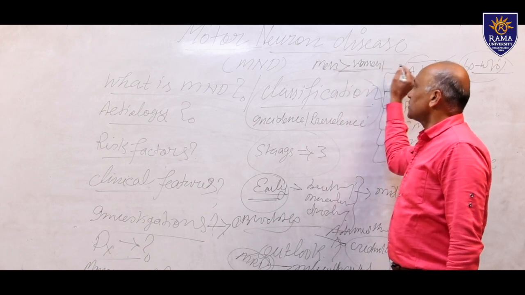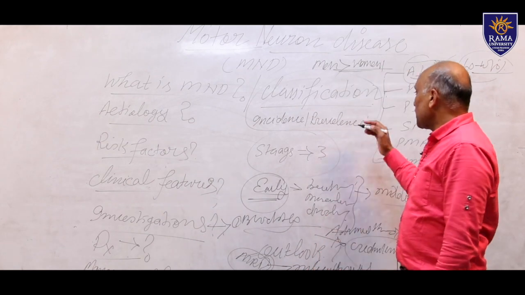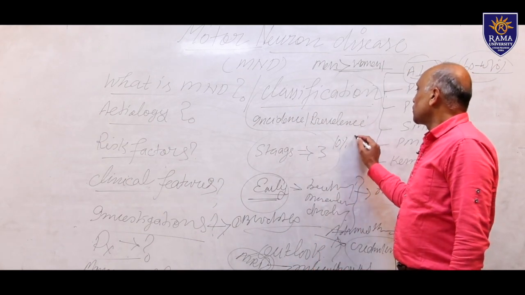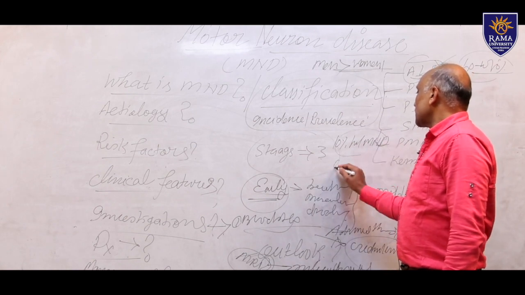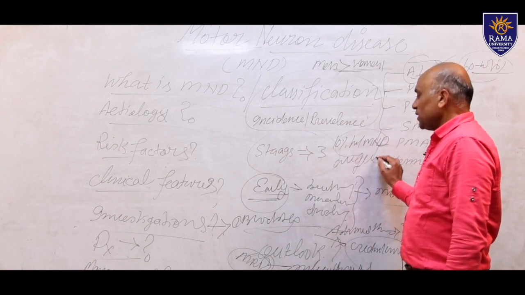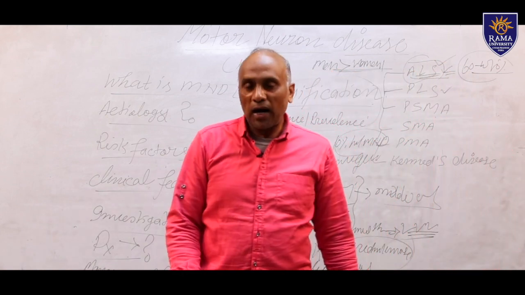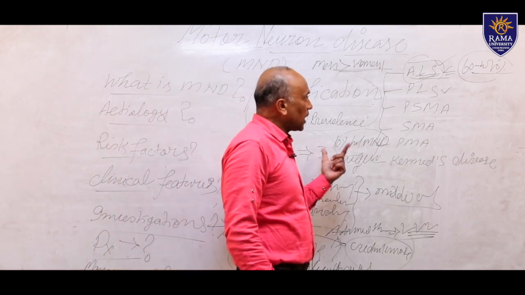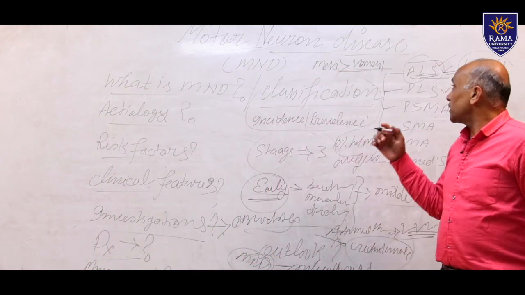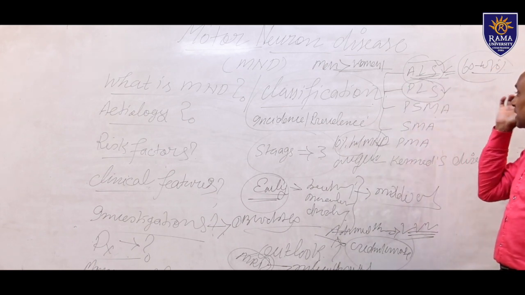Regarding genetics, 10% of total MNDs are hereditary, based on data from the USA. Another type is primary lateral sclerosis.